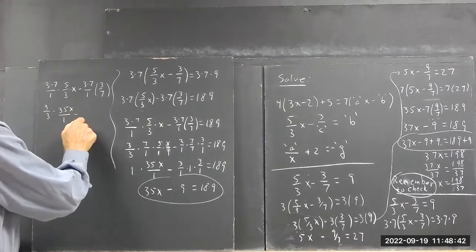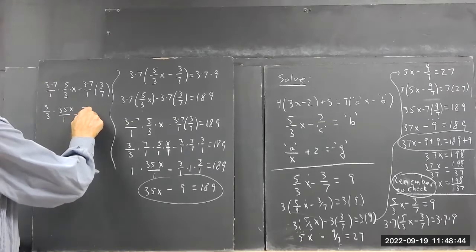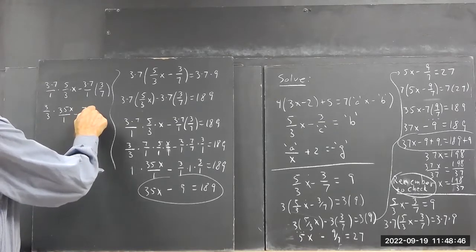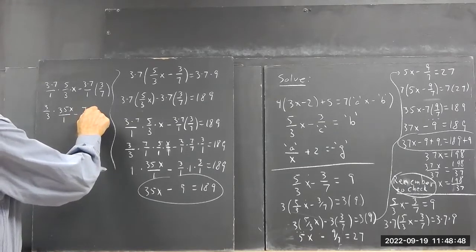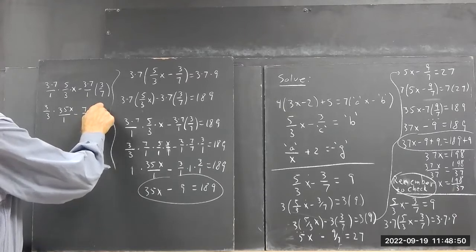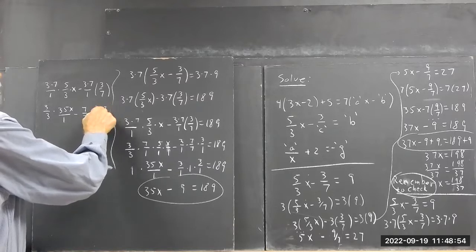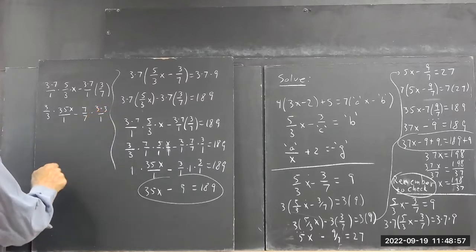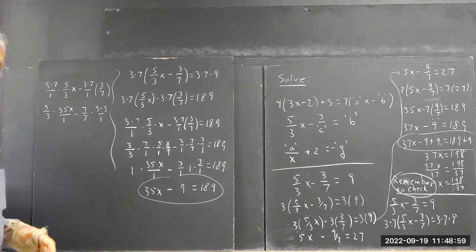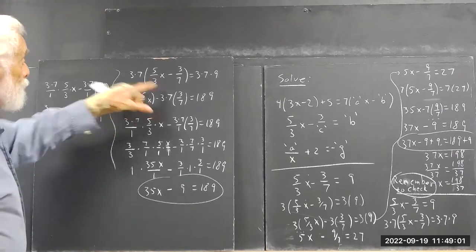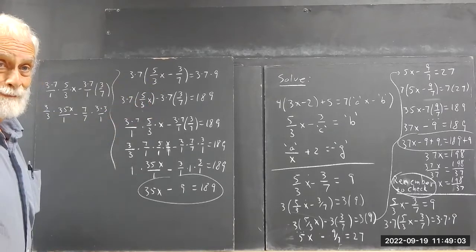And then this is minus... 3/3 justifies crossing out these threes. Okay.